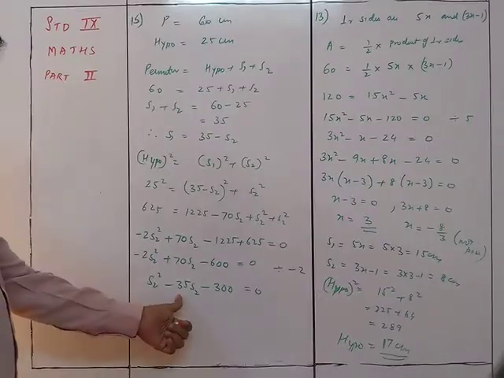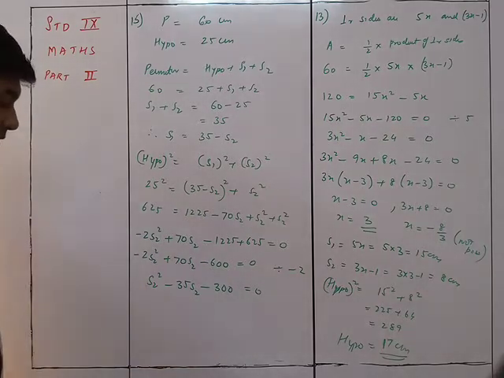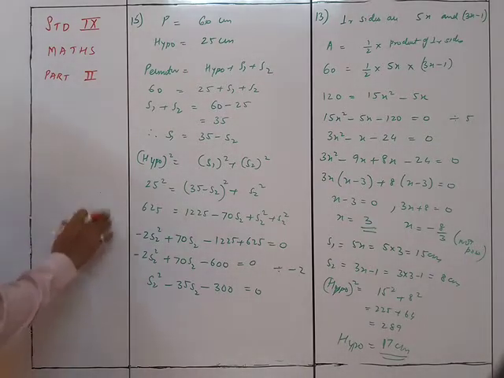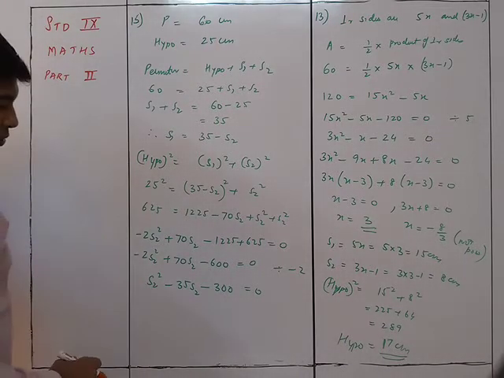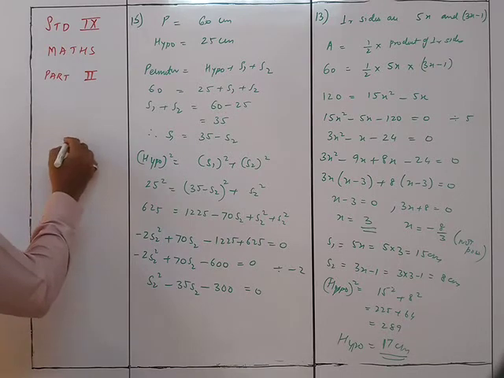We need to split 35 into two parts such that the product is 300 and the sum is 35. Okay. So we take it as 50 and 15. Sorry, 50. It is 300.